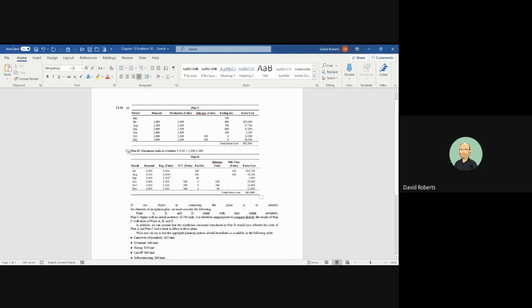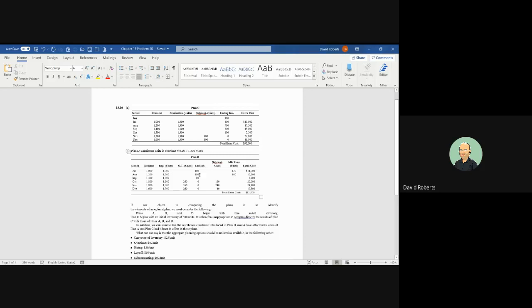In this case, you do not want your inventory to go up, but you have 180 units already. You can make 1,300, and you don't want your inventory to be increasing. So you have idle time of 120 units in July.